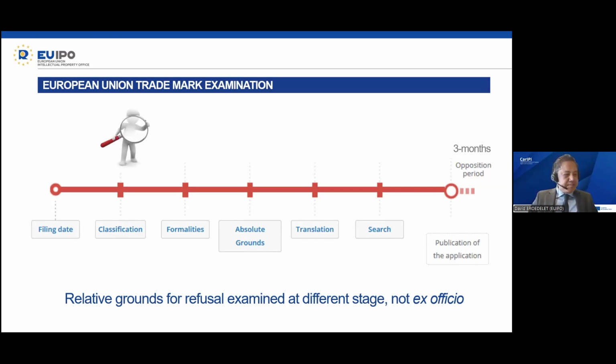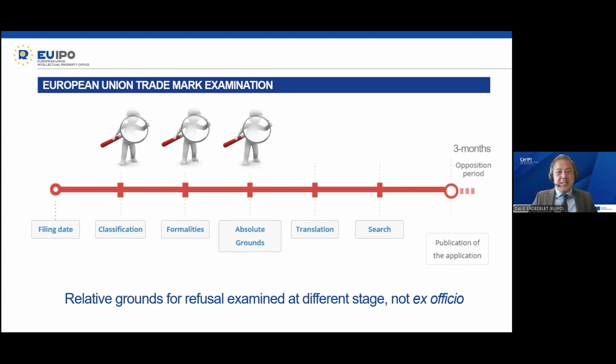Right? I have to say the classification and the formalities and absolute grounds are performed in parallel. And many times this is done by different persons. So a different examiner is doing the classification and the formalities, and a different person is examining the absolute grounds. So this is not one person, it's more than one.